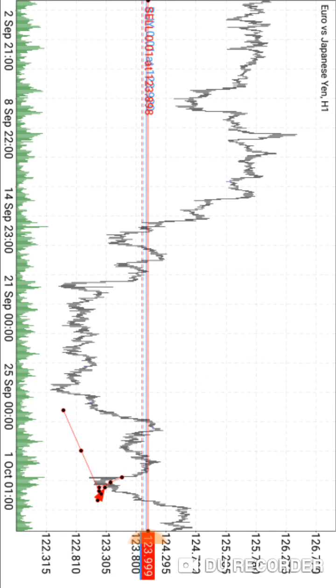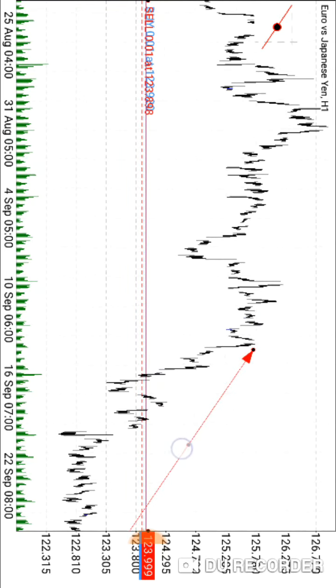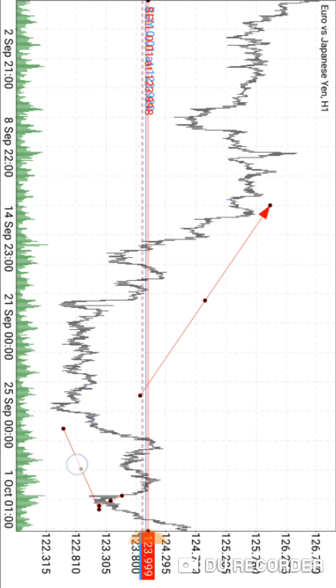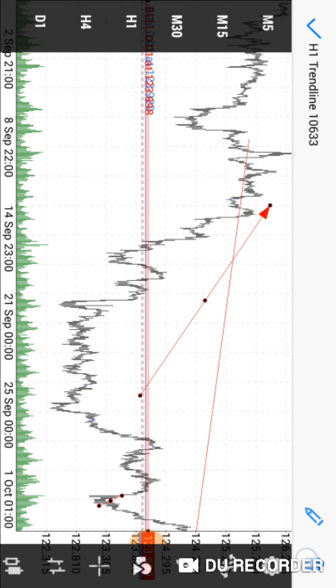Like I said the other day, when you have these particular areas, they are resistance levels.